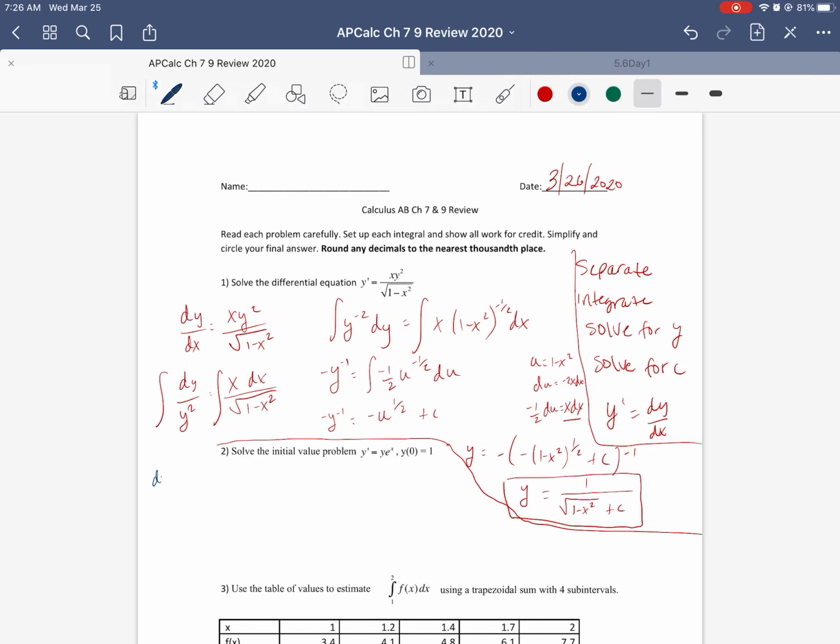Okay, so dy over dx equals y e to the x, divide by y equals e to the x dx, integrate, so integral of 1 over y is ln, absolute value of y equals e to the x plus c.